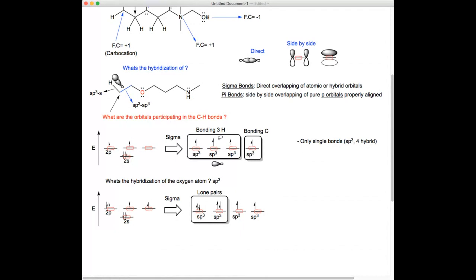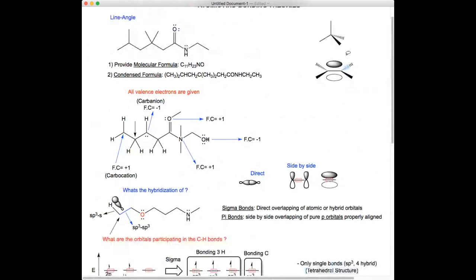Because that oxygen is sp3, it has 4 sp3 hybrid orbitals, 2 for sigma bonds and 2 with the lone pairs. What is the geometry of an sp3 hybridized atom? It's a tetrahedral structure. That's the geometry of any sp3 hybridized atom, and it's just like that right here.